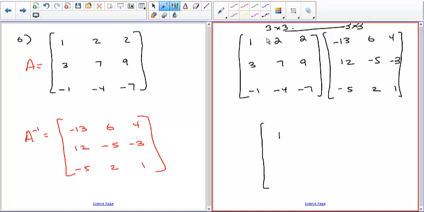We're going to take 1 times 6 plus 2 times negative 5, which is going to be 6 minus 10, which is negative 4. 2 times 2 is 4, so that just comes out to 0. First row, third column. Multiply the first row by the third column. So you've got 4 plus negative 6, which is negative 2, plus 2 gives you 0.